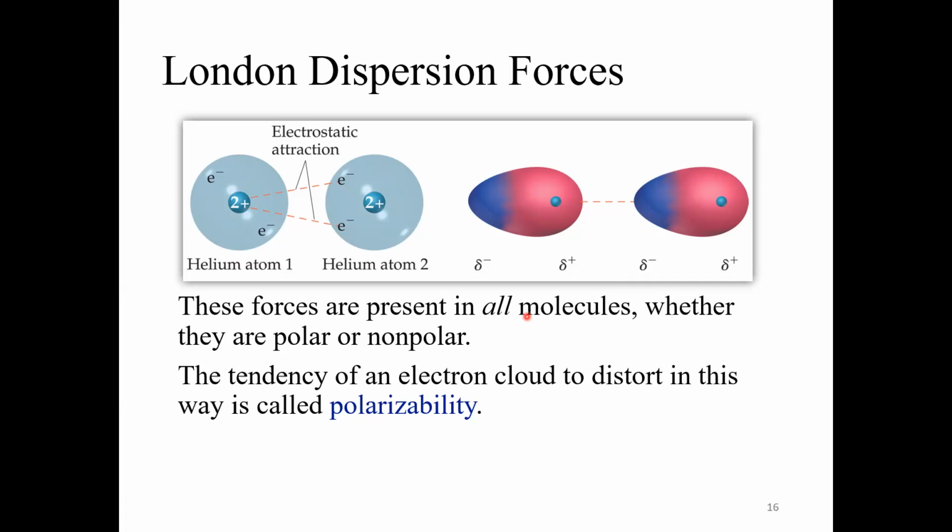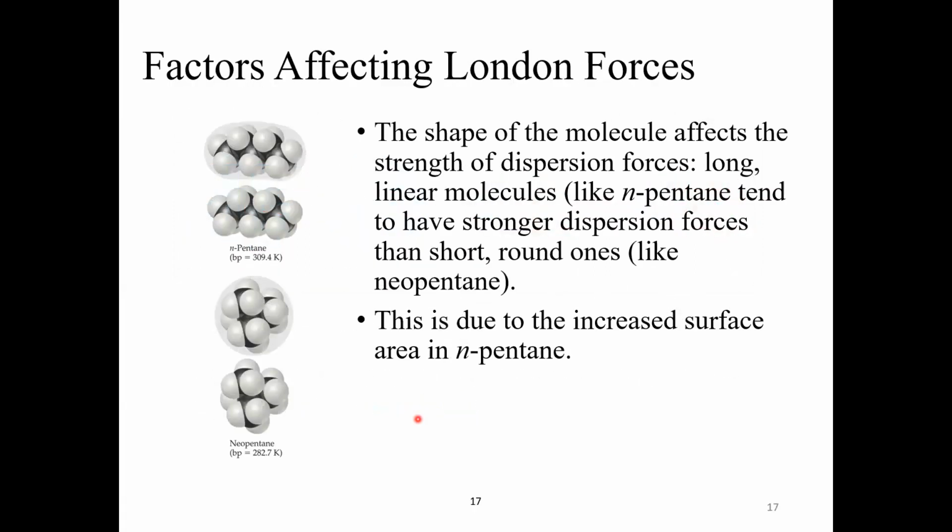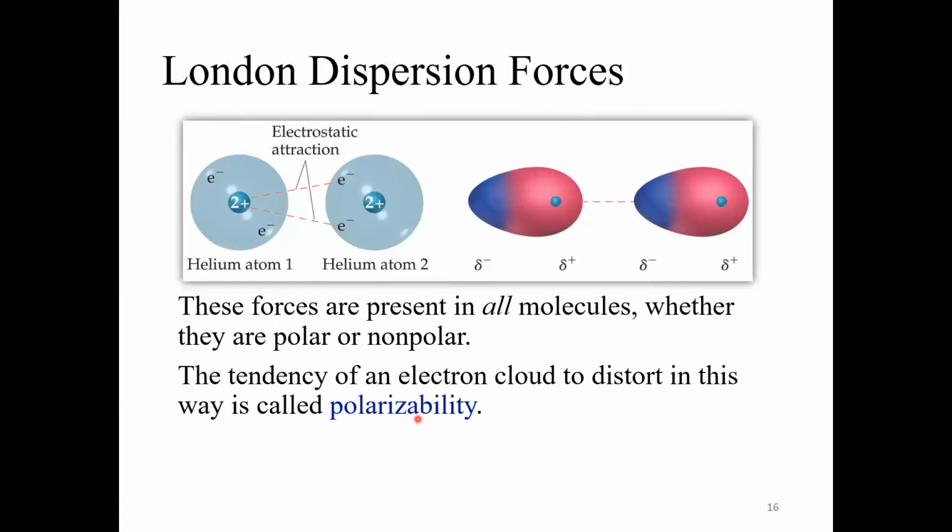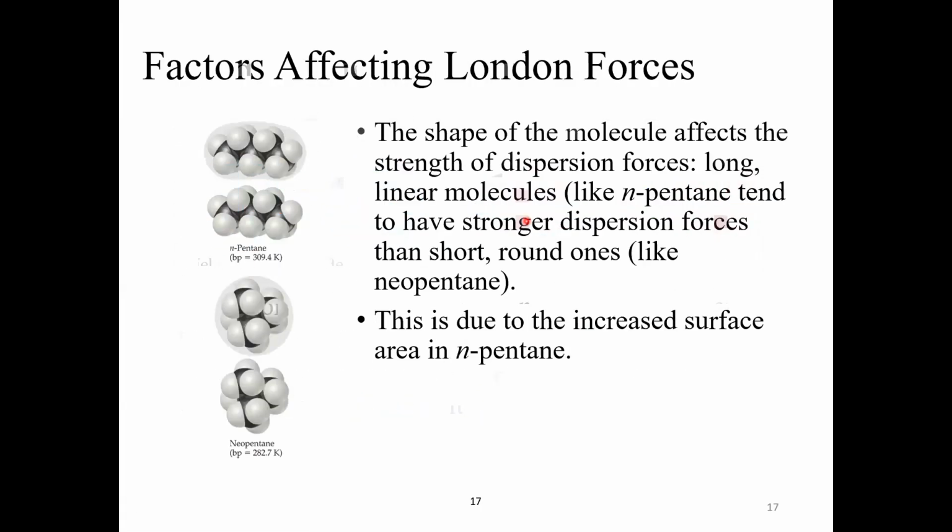But then the property here of having the electron cloud get distorted, so having both of the electrons located on one side, so we have this temporary dipole or instantaneous dipole, that's going to be referred to as polarizability. And we're going to see that this property is going to increase with the size of these molecules. So as we have essentially more electrons, more room for those electrons, it's more likely to have something like this occur. And that's why we'll see this London dispersion force is going to increase with size.